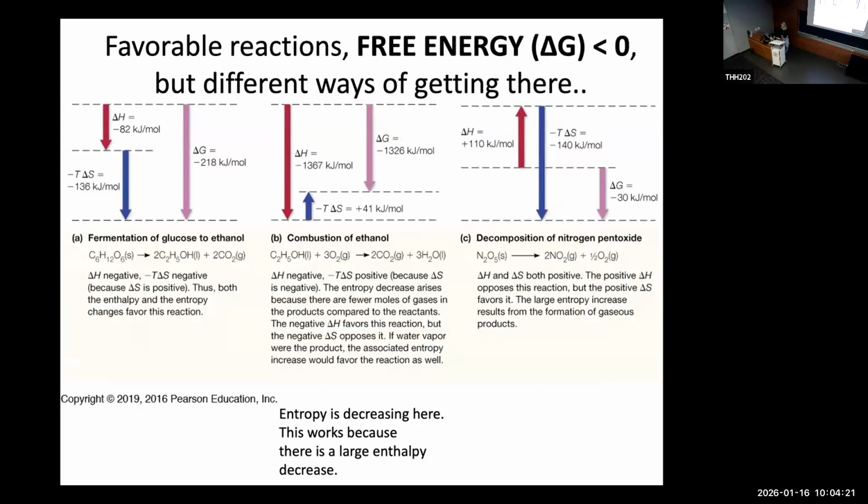Now, exploring the idea of delta G, what is the Gibbs free energy equation that you learned at home? The basic Gibbs free energy equation: delta G is equal to delta H minus temperature times delta S. So the enthalpy and the entropy are both going to contribute to the delta G of the reaction.